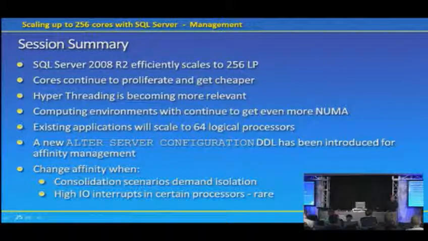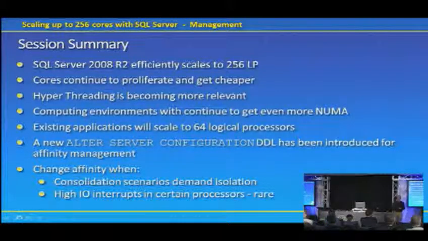The world's becoming NUMA. If you haven't been thinking about NUMA and you're involved in performance or scale or system architecture, you ought to be thinking about it, because memory arrays should be assumed to have non-linear latencies across them, and it's just going to get worse, or better, depending on how you look at it. Existing applications will scale up to 64 logical processors, which is a group. We have made the affinity specification quite a bit easier through DDL.